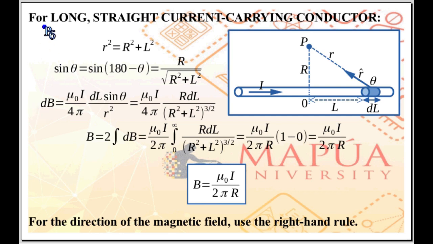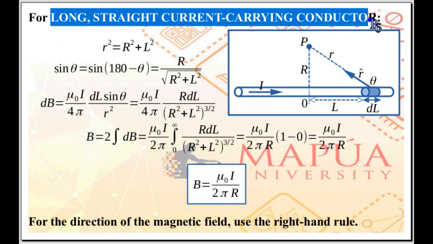For instance, consider a very long, straight, current-carrying conductor. Say you have a conductor, straight and very long. You have a current I flowing through the conductor. Let's take a segment dl located in this direction. dl again is a vector quantity, same direction as the current.